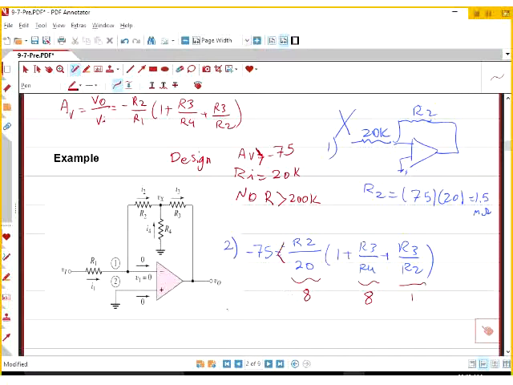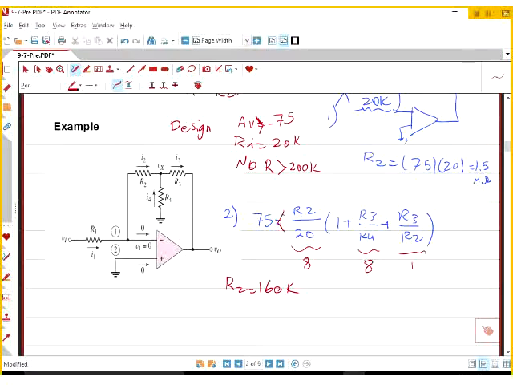If I want that ratio to be 8, your R2 has to be 160K. Let's have R4 20K. That makes your R3 again 160K.